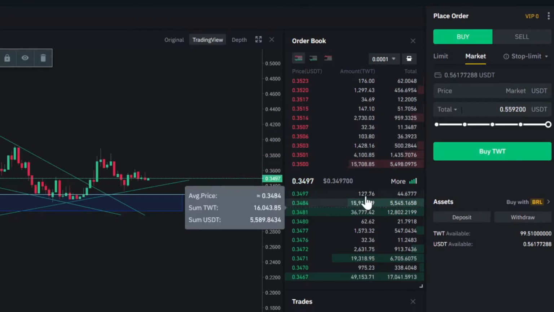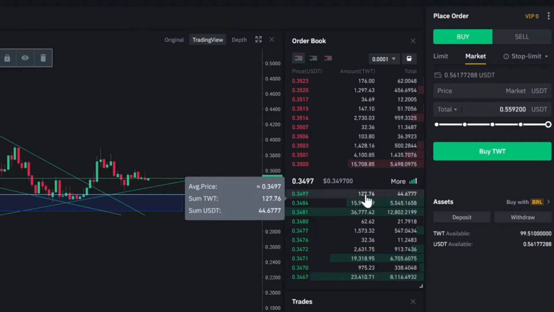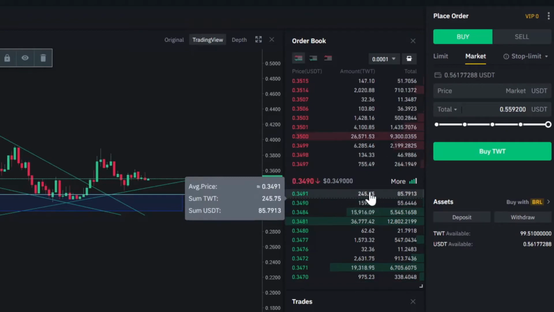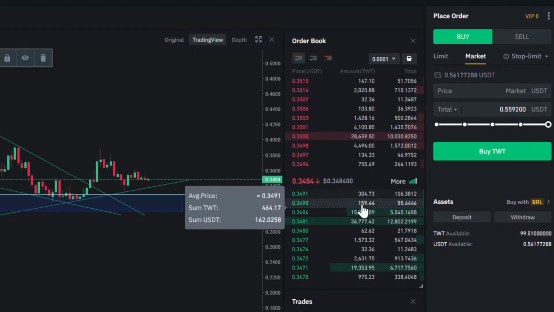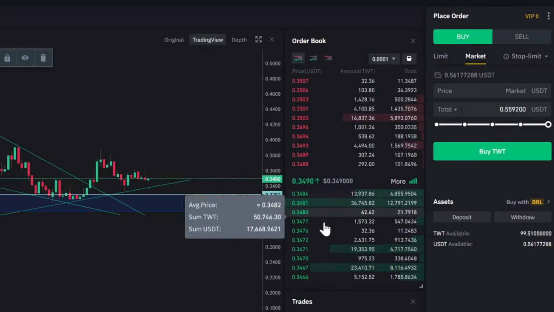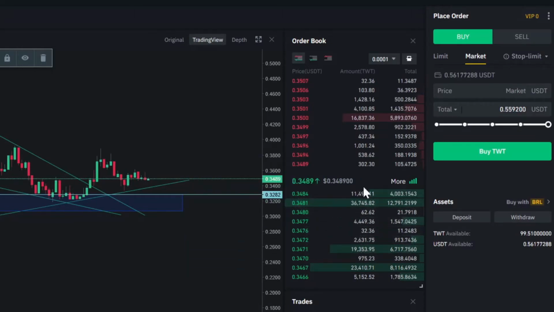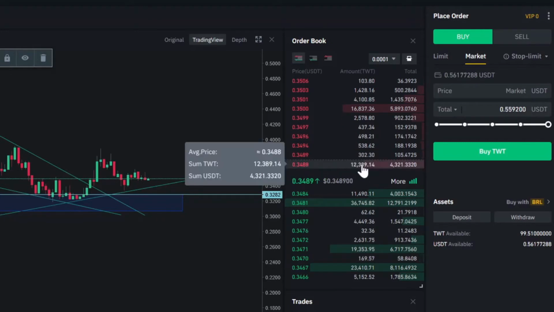So if you are selling to this person and your order is bigger than this amount at this very price, once it takes in this amount, it will proceed to the next in line until your order is filled. And if you are buying, the highest ask available now is 12,300 at this very moment.